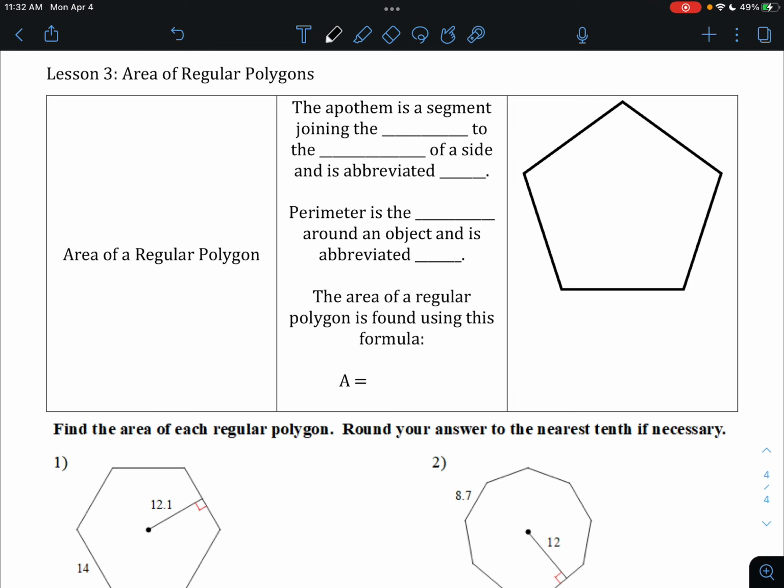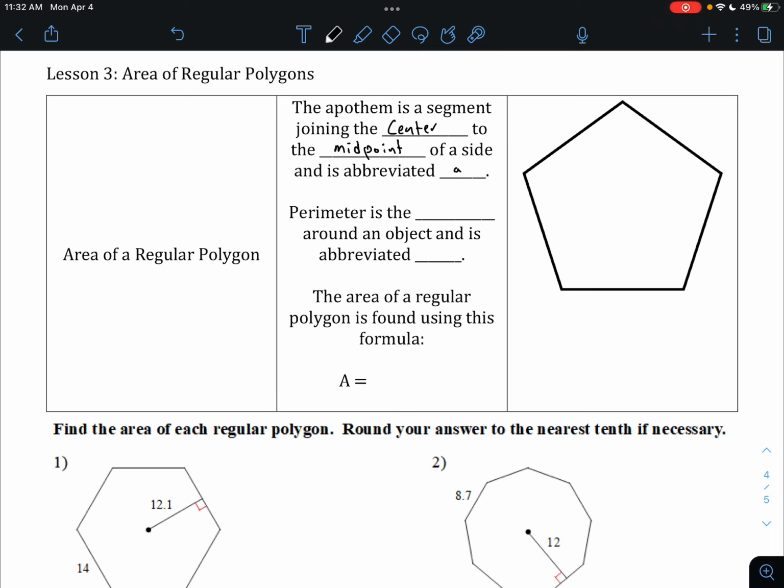The first part is the apothem. The apothem is a part of our formula that we need to know, and that is the segment joining the center to the midpoint of a side. And we abbreviate the apothem as just a lowercase a.